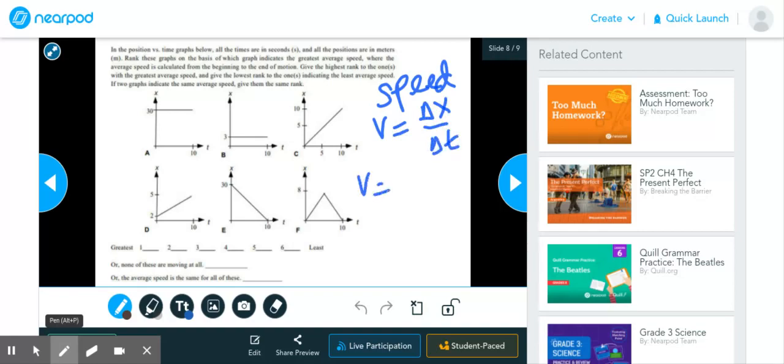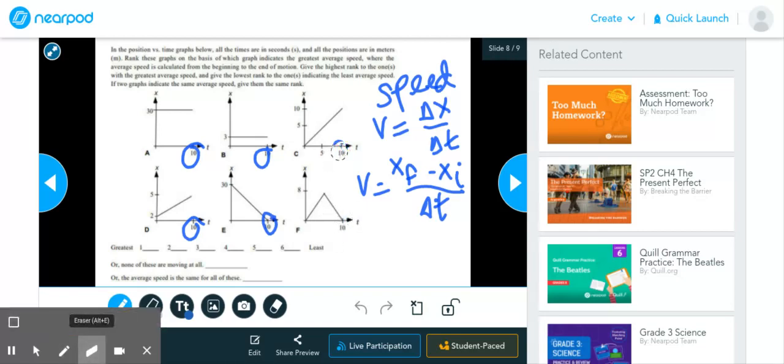That change in x is our final x minus our initial x, over whatever our t is. They all have a time of 10, right? So they're all divided by the same thing. We're just looking for the biggest difference between final position and initial position. Not velocity, final position and initial position.